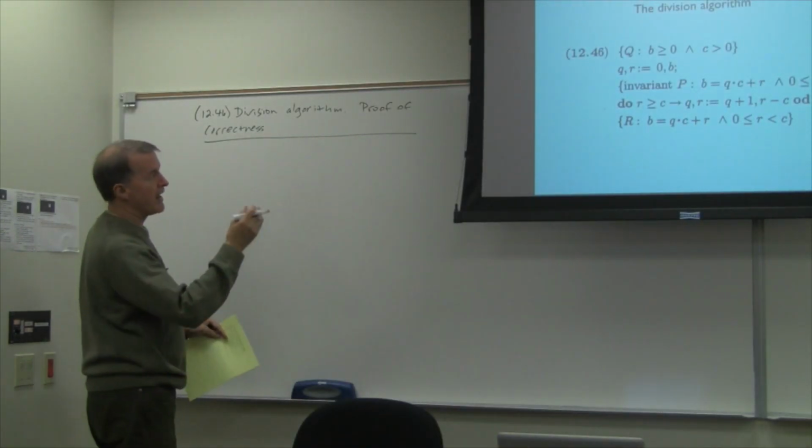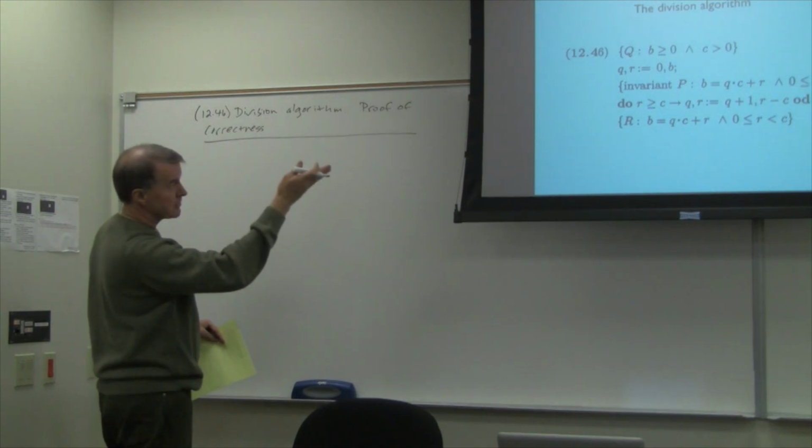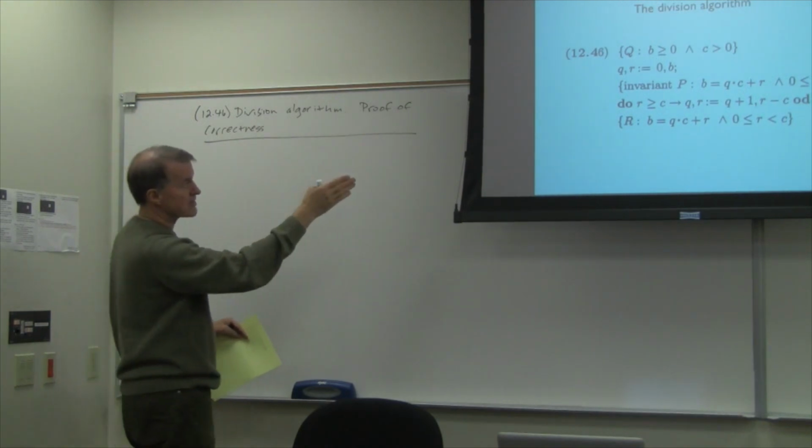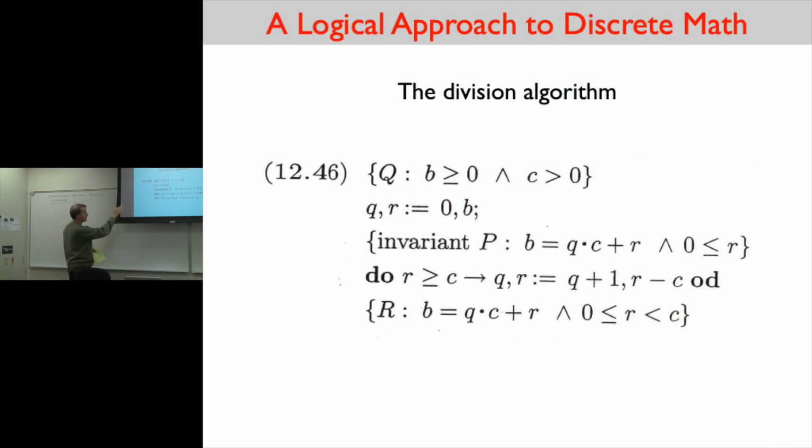So for A, we have to do the initialization. What does it say up here in 12.46? We've got Q, and there's our precondition. The initialization statement is Q comma R gets 0 comma B. And then we have a semicolon to separate that statement from the do statement.